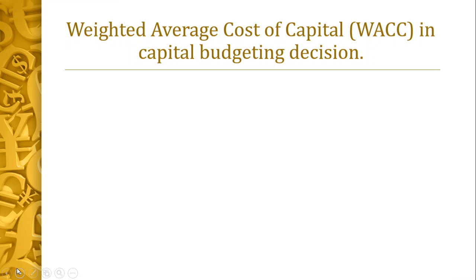Now, weighted average cost of capital. What happens to optimum capital structure? When we consider a problem under weighted average cost of capital, at a particular time we consider a particular portion of capital structure to be optimum.